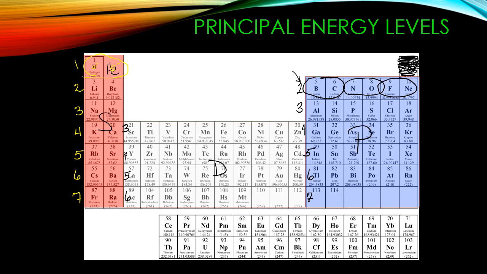Okay, so here's 1d, here's 2d, 3d, 4d, and 5d orbitals for a total of how many electrons? Yeah, 10 electrons.